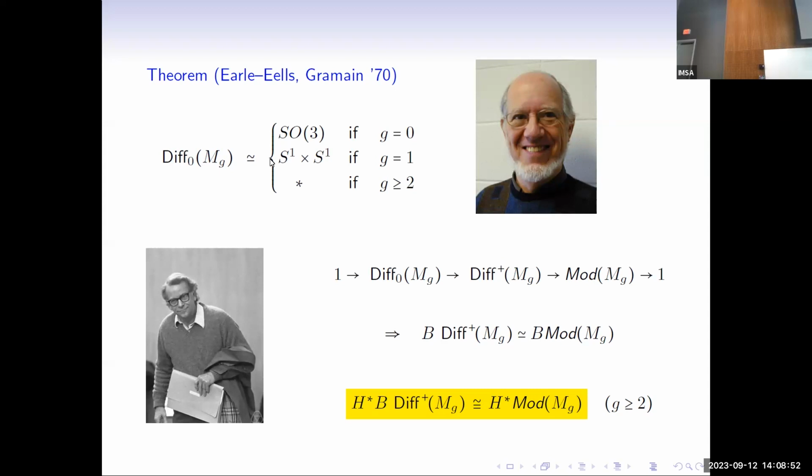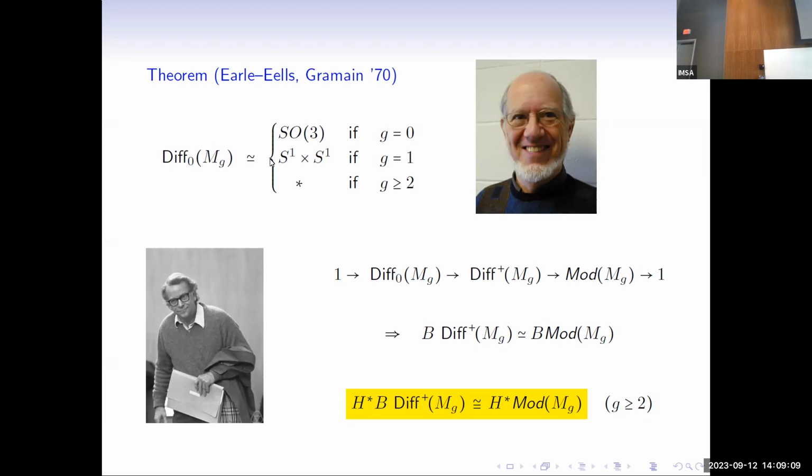That tells us that the cohomology of the discrete group we're looking at is the same as the cohomology of the classifying space of all the diffeomorphisms.